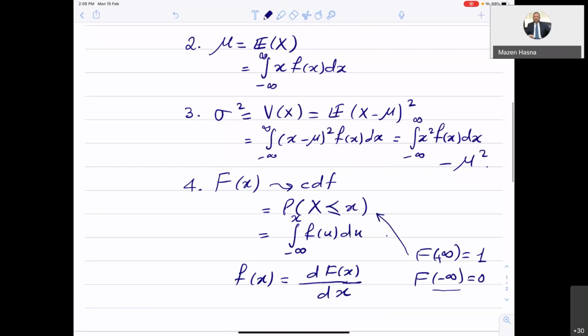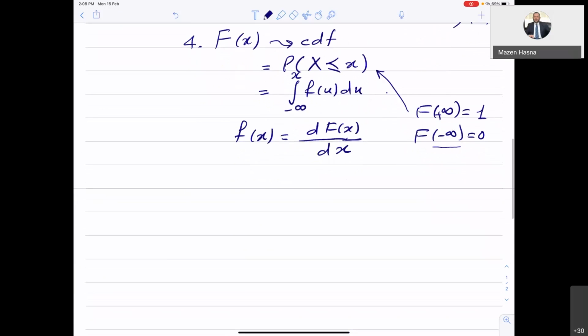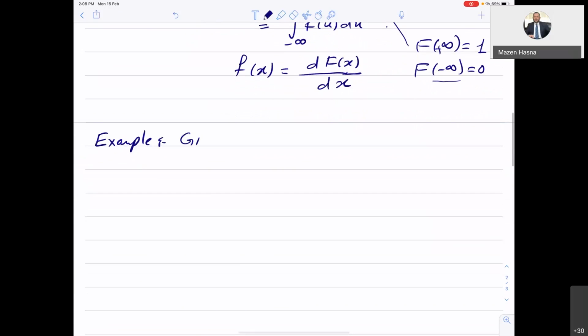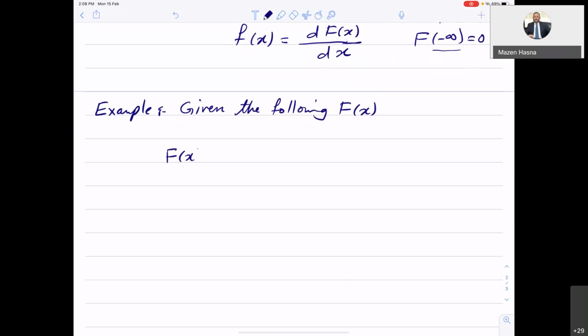Let's do a quick example, and then we move to today's topic. A quick example. Given the following capital F of x, assume that I'm giving you capital F of x as given like this.